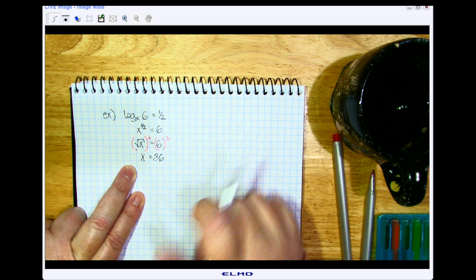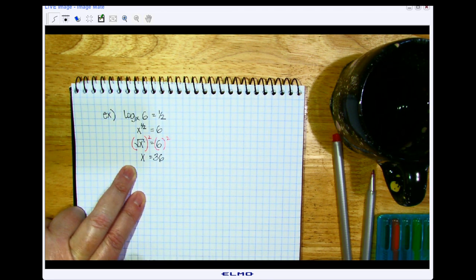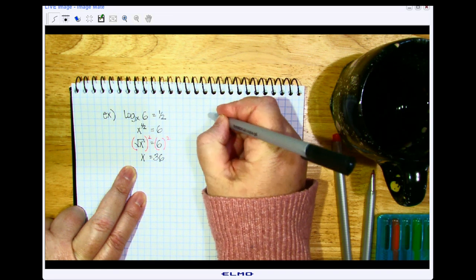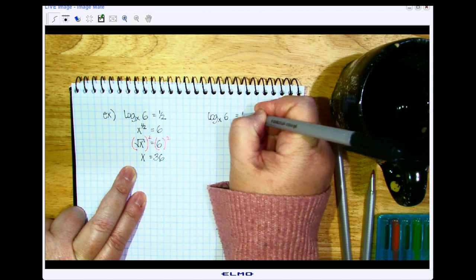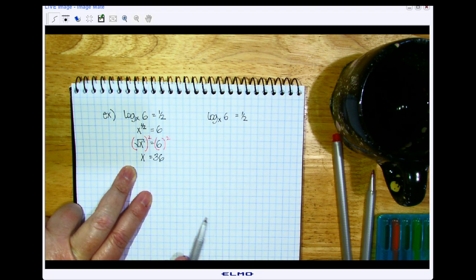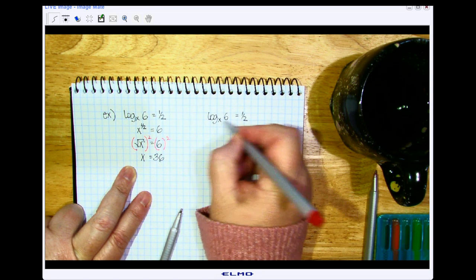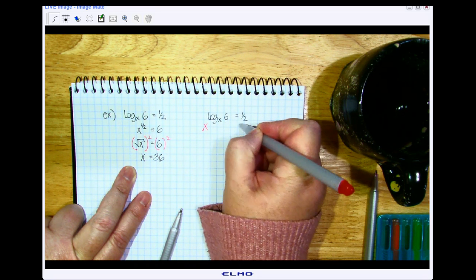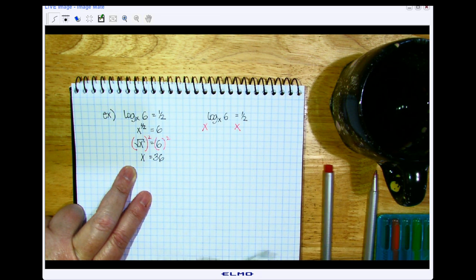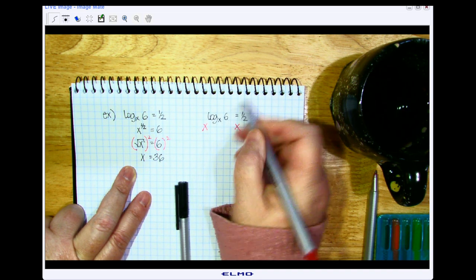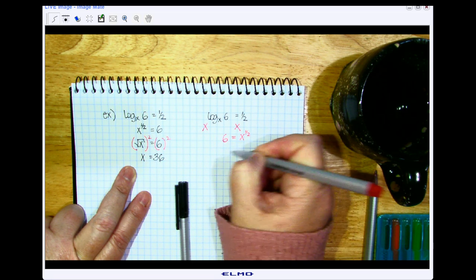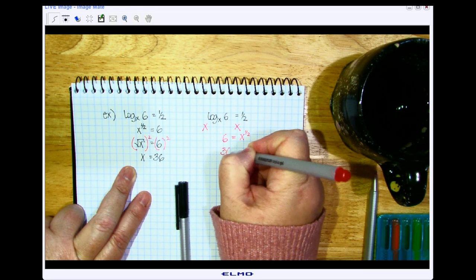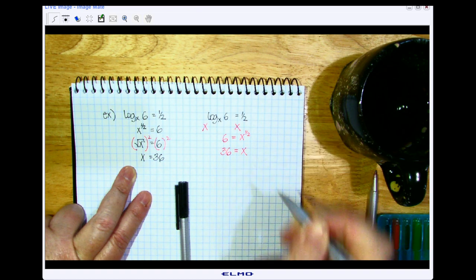I can also use the property raising both of these to a power on x. So that I will have 6 is x to the 1/2 power, or again, 36 is x.